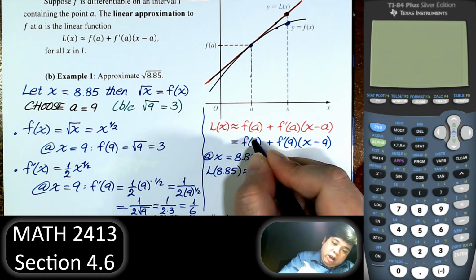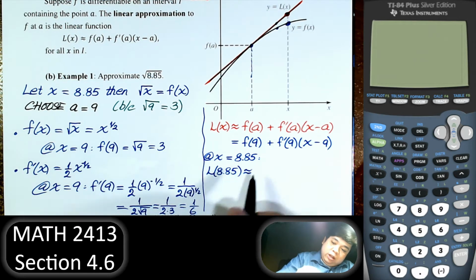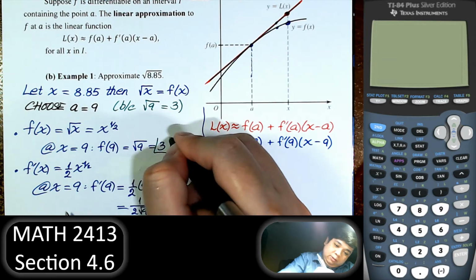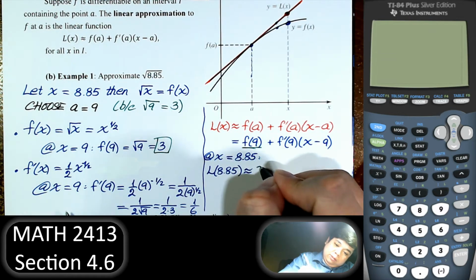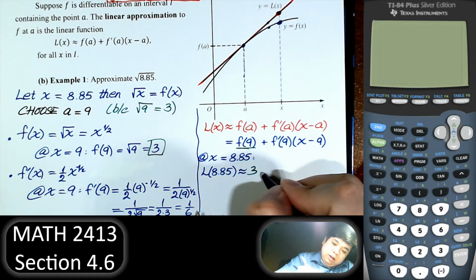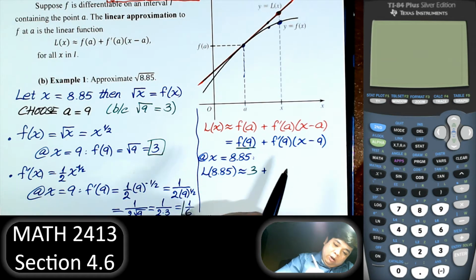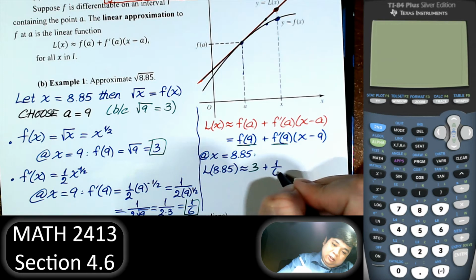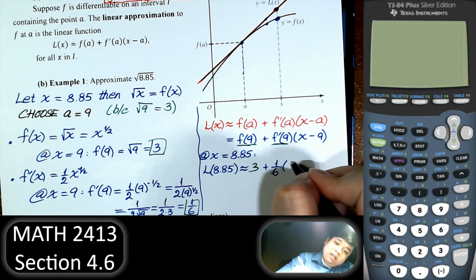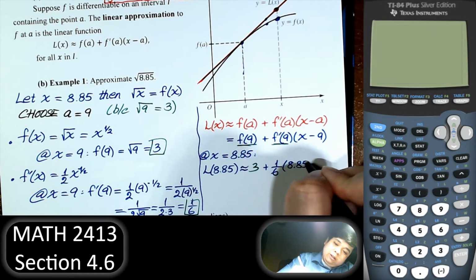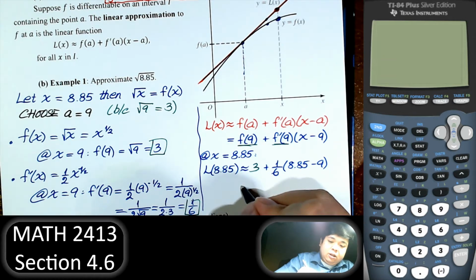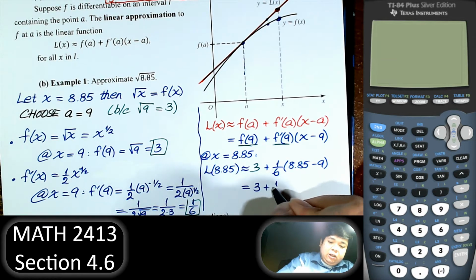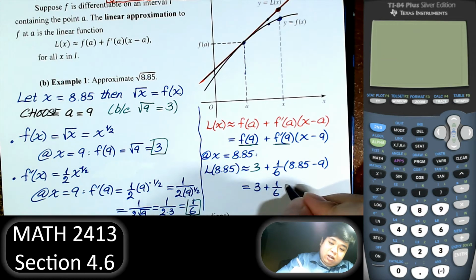Approximately equal to f of 9, which is 3, plus the derivative, 1 over 6, times 8.85 minus 9. 8.85 minus 9 is negative 0.15.